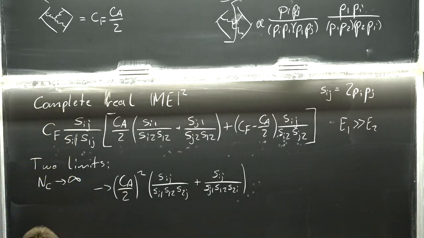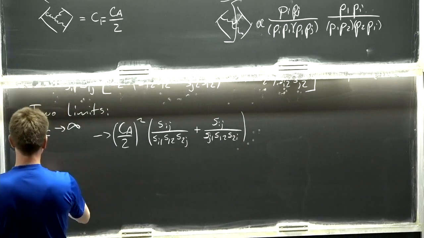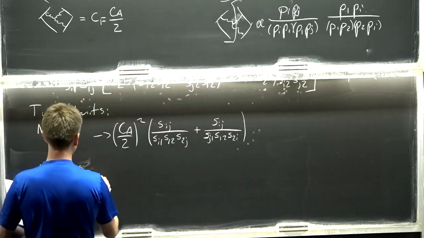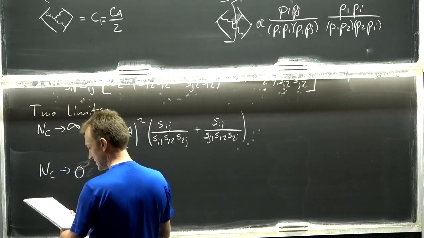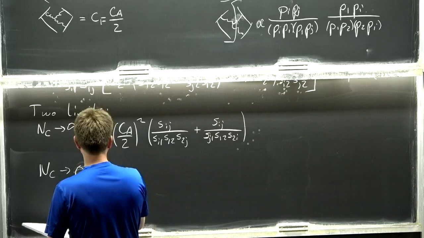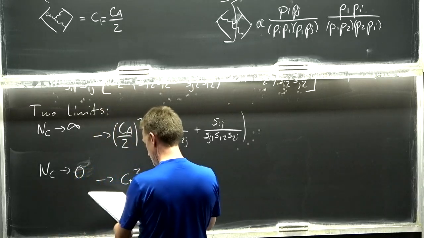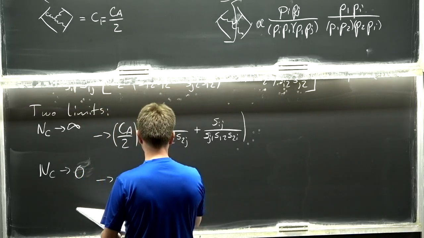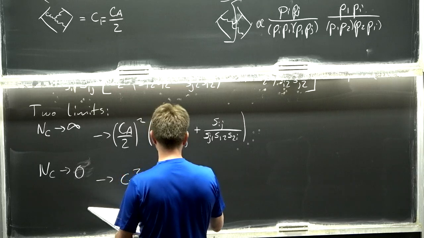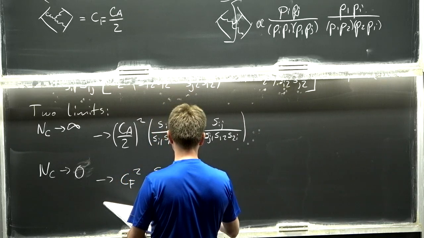Okay, and then we can also take the abelian limit, if you will, NC to 0 while holding CF fixed, which will be CF squared Sij over Si1 S1j times Sij over Si2 S2j.